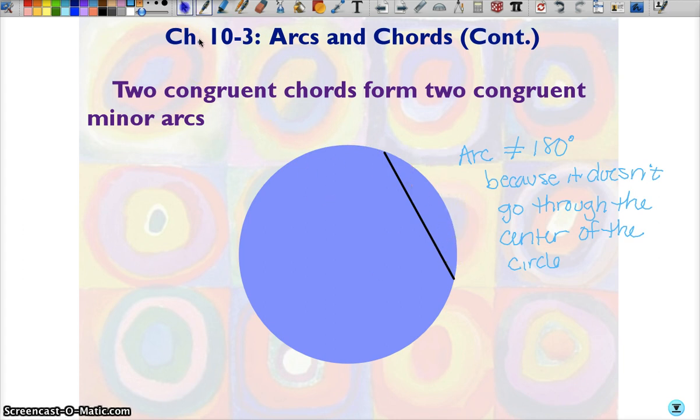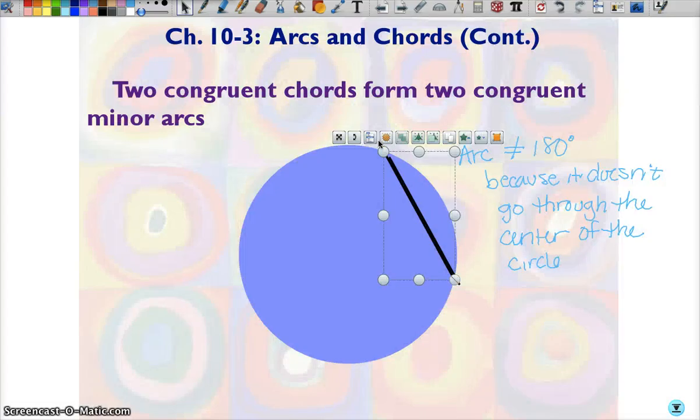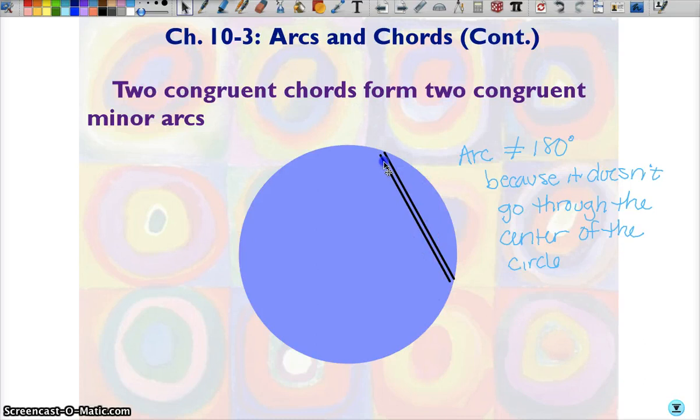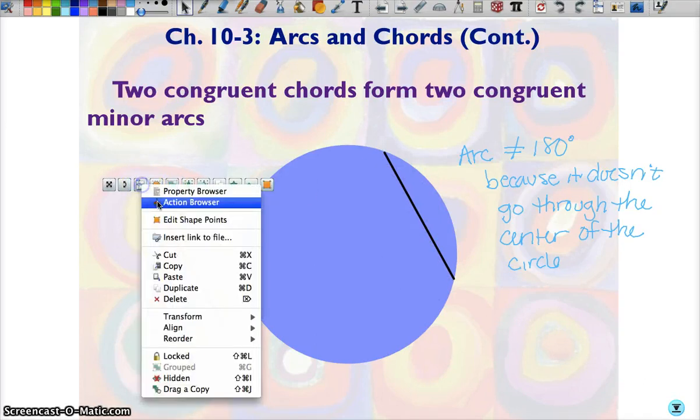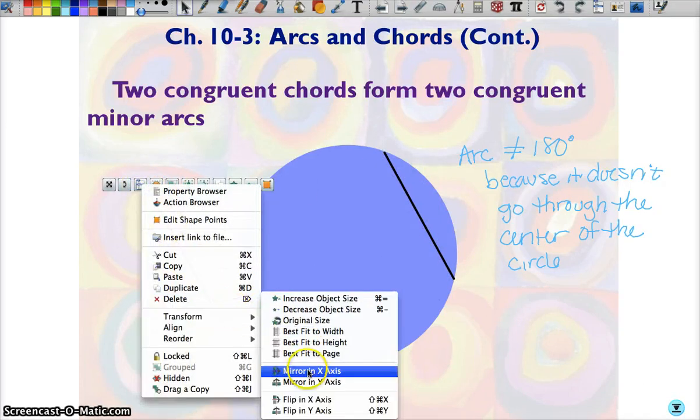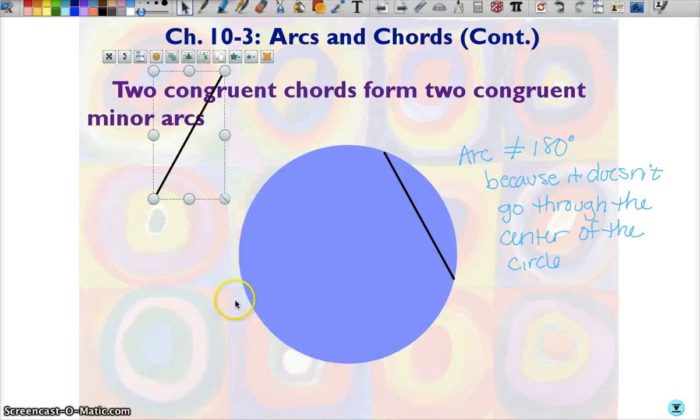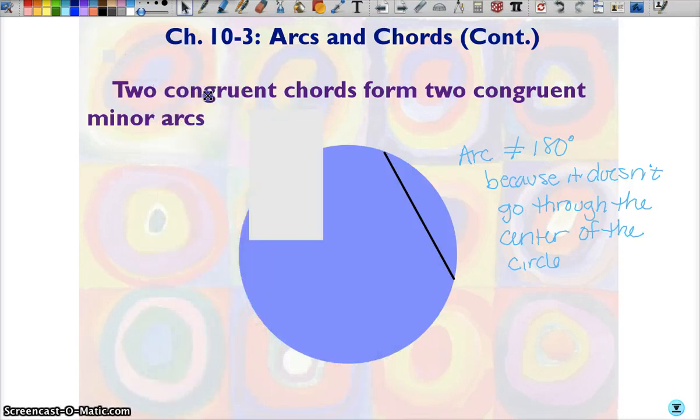Okay, so if I take this arc and I'm going to first copy it, and so here's another one. So I just copied it. They are the exact same line. And then I'm going to transform it, and let's say I want to flip it in the x-axis. So now it goes this way. Okay, so it's still the same one. All I did was transform.